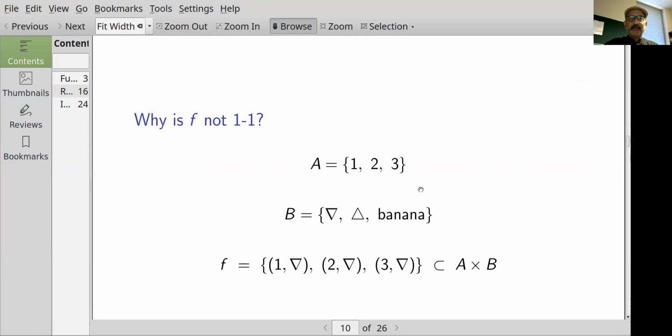Now f is (1, nabla), (2, nabla), (3, nabla), which is a subset of A cross B. So f is a function from A to B, but it's not one-to-one because it's mapping three different elements of the domain to only one element of the codomain. In order for it to be one-to-one, each element of the domain would have to be mapped to a different element of the codomain.